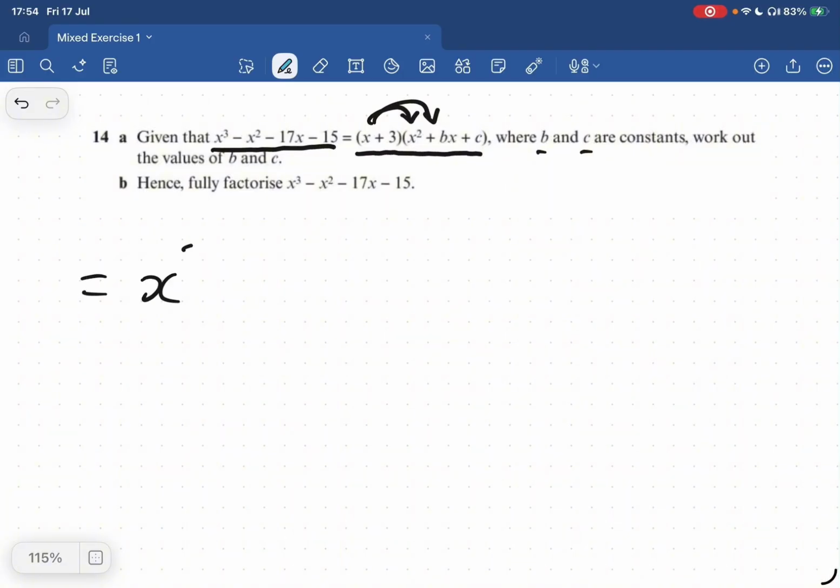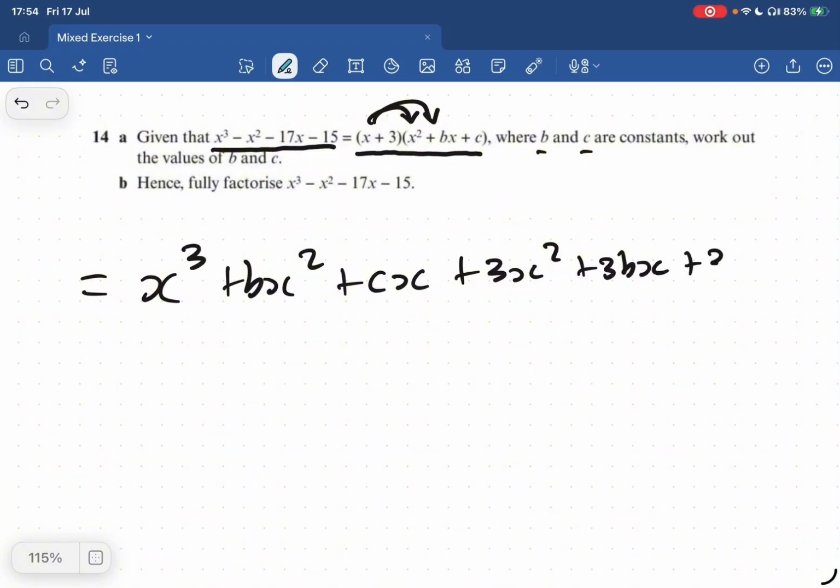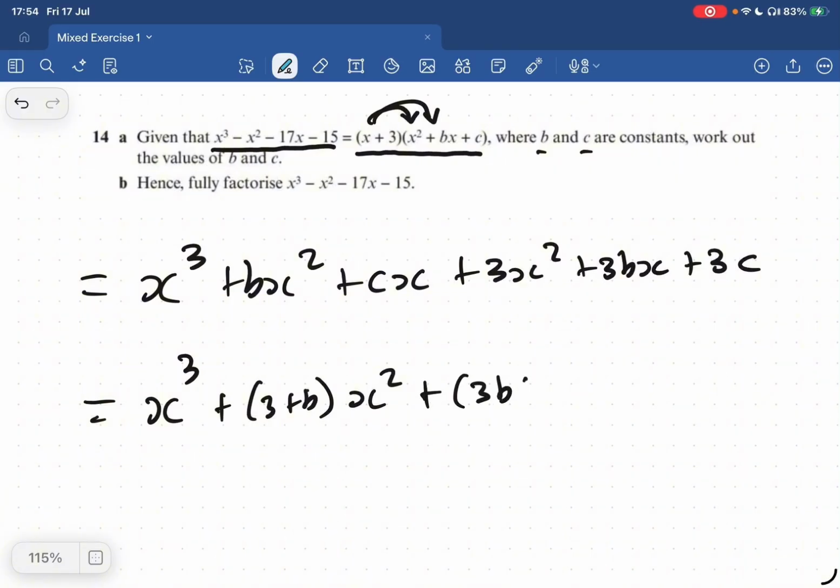So x cubed plus bx squared plus cx plus 3x squared plus 3bx plus 3c. Now like we usually do, even though we've got letters here, we need to group like terms. So 3 plus b x squared plus 3b plus c x plus 3c.